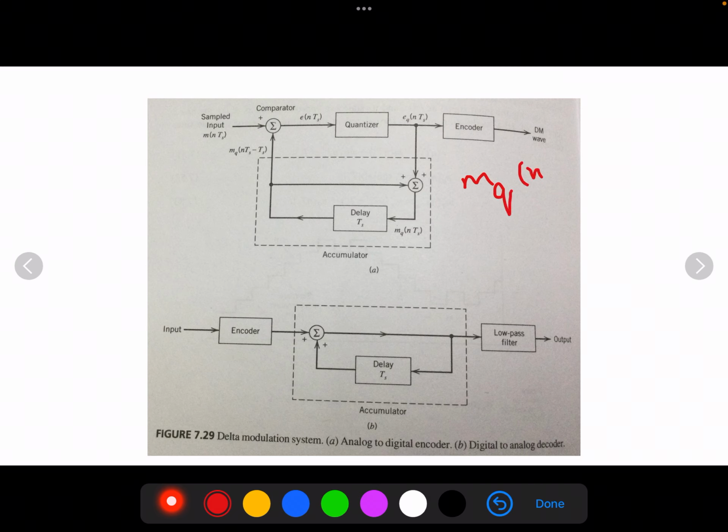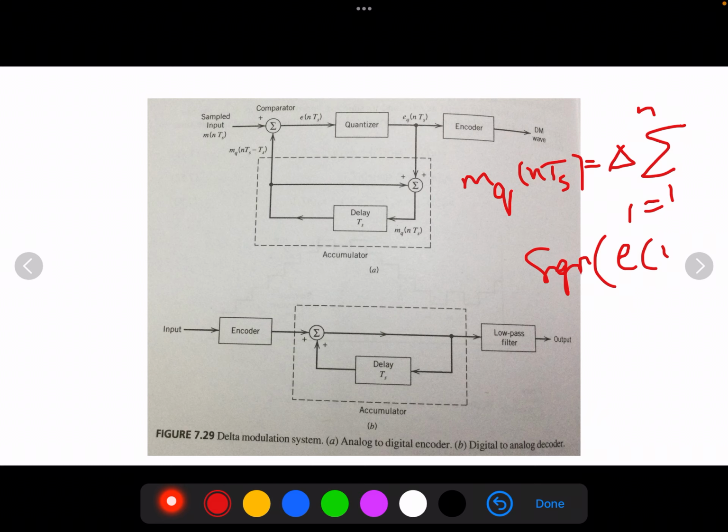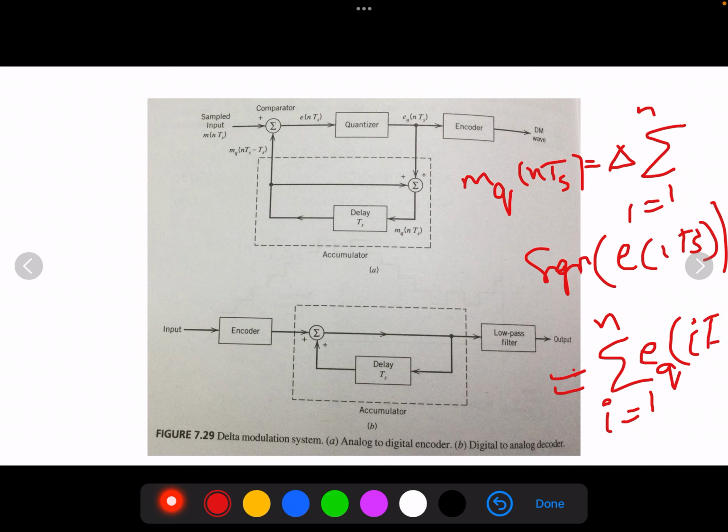mq(nTs) equals delta times the summation, i from 1 to n, of signum of e(iTs), which is nothing but the summation, i from 1 to n, of eq(iTs).